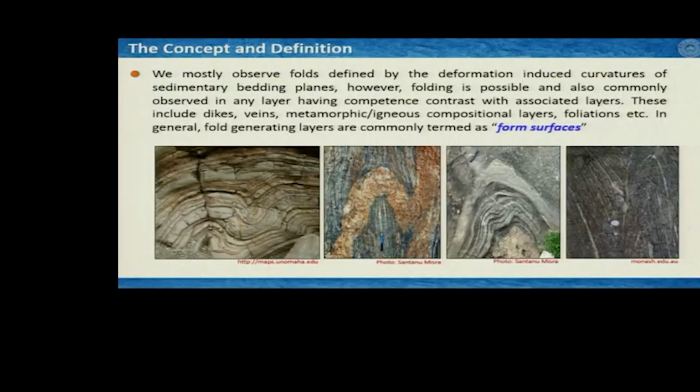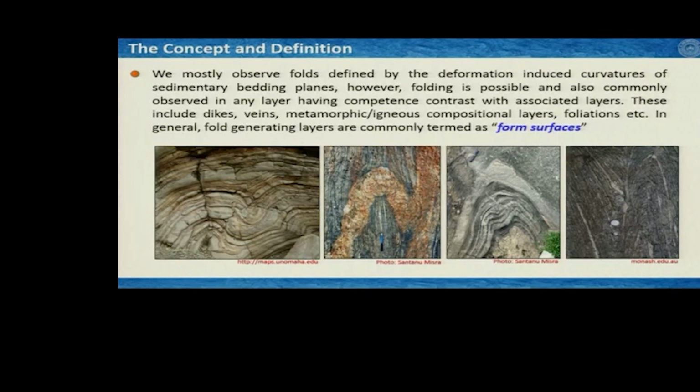However, as per the definition, any layer can produce a fold, provided it has competence contrast with its surrounding. So, as it is written here, we mostly observe folds defined by the deformation induced curvatures of sedimentary bedding planes. However, folding is possible and also commonly observed in any layer having competence contrast with associated layers.